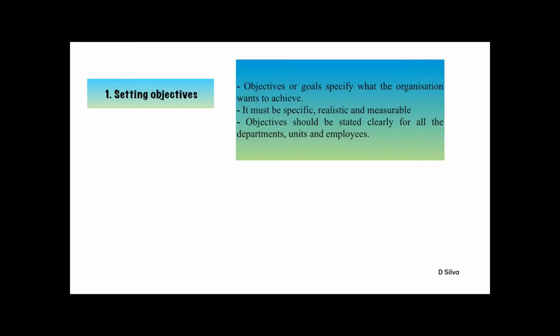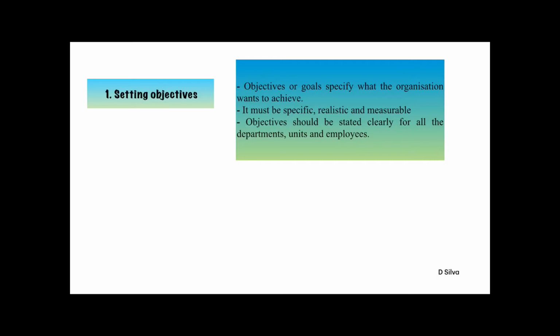Objectives or goals specify what the organization wants to achieve. It must be specific, realistic, and measurable. Objectives should be stated clearly for all the departments, units, and employees.